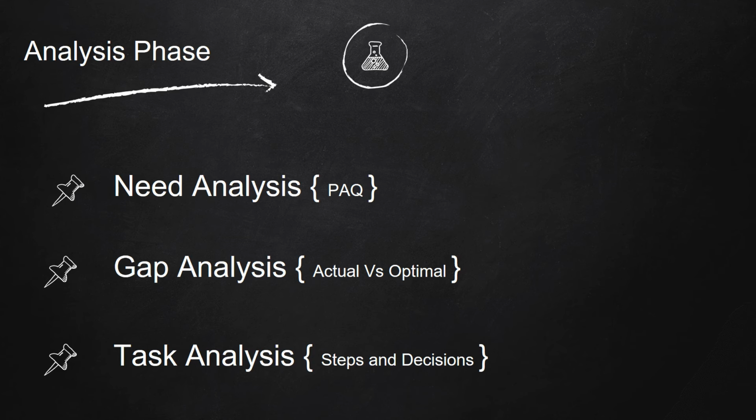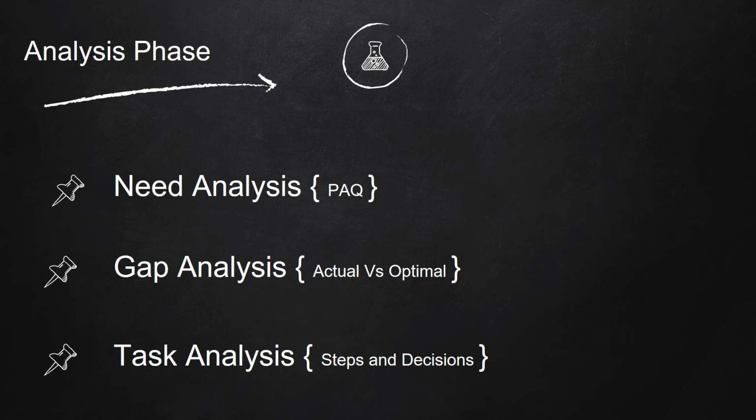The second step is gap analysis. So once you find the training need, the optimal performance, the next step is to find the actual performance. So what is happening now, and then you try to find the gap between the actual and the optimal performance. So gap analysis is basically finding the gap between actual performance and the optimal, required performance, and then how to fill the gap, developing the training materials to fill the gap.